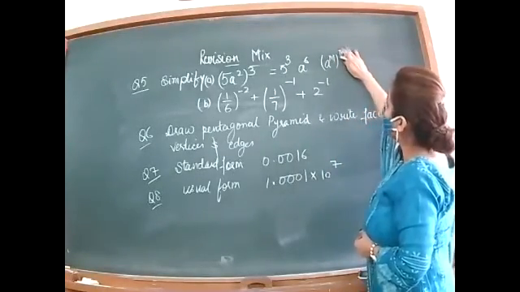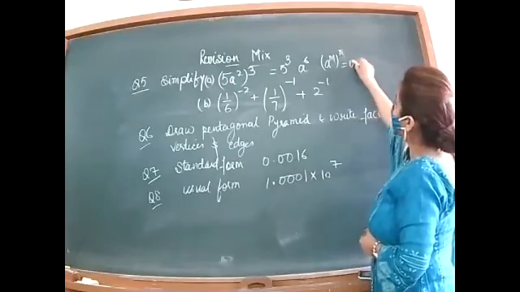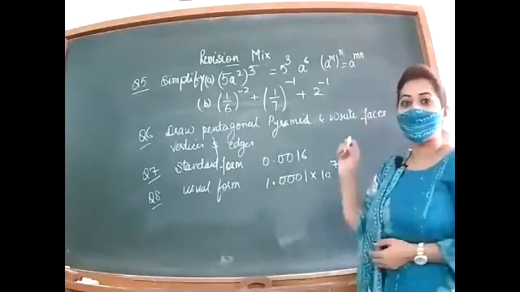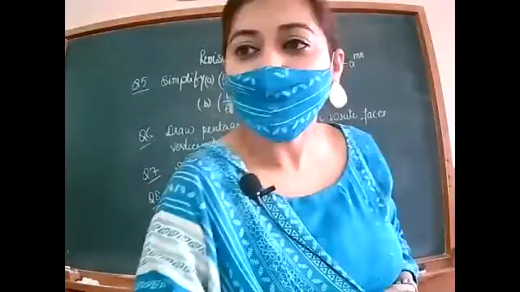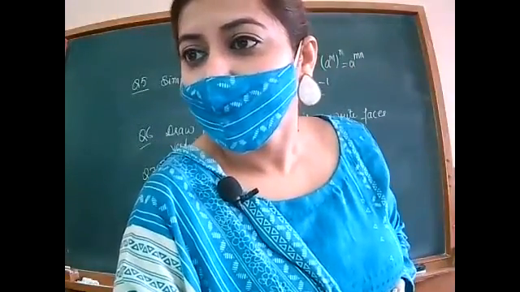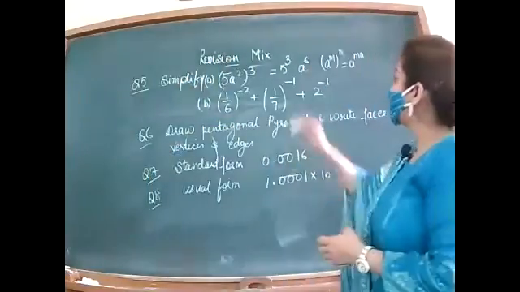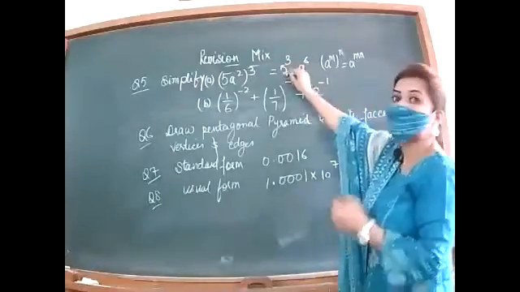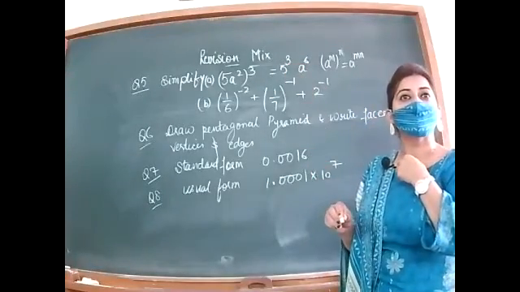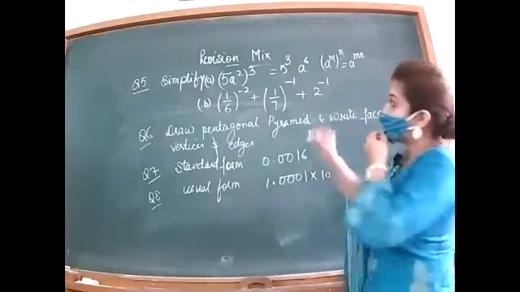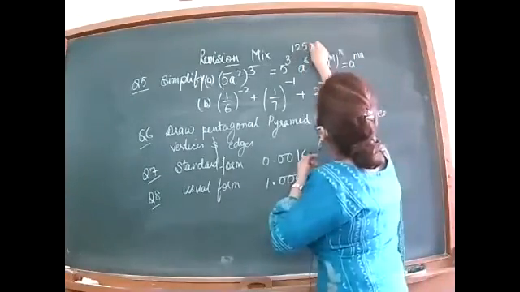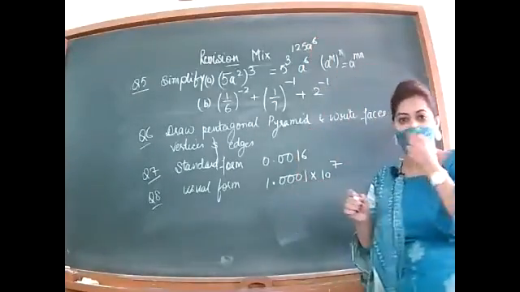A raised to power m raised to power n is equal to a raised to power mn. So multiply the power. So this is 5 cube a raised to power 6, and 5 cube is 125. So answer is 125 a raised to power 6.